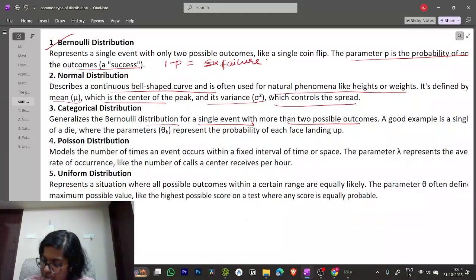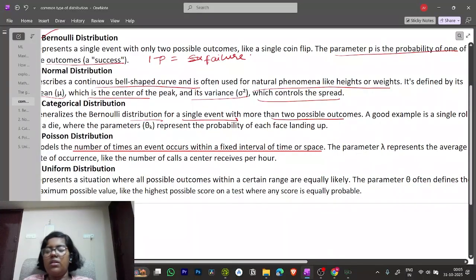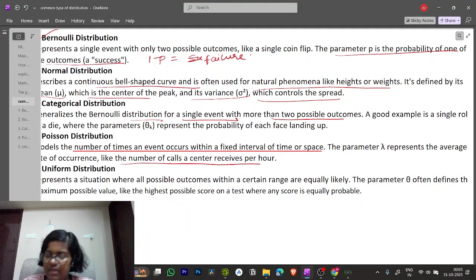Next is the Poisson distribution, where we count the number of times an event occurs within a fixed interval of space and time. For example, in a call center, the number of calls it receives per hour. So per hour, the time is fixed, and the number of calls is what we take as the event.